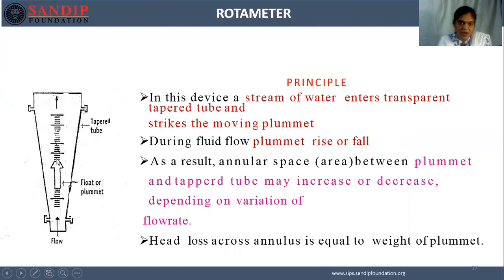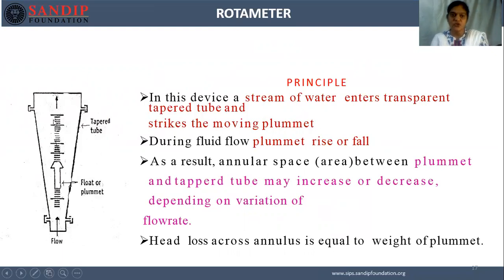As the plummet rises and falls, the annular space, or the area between the plummet and the tapered tube, increases or decreases depending on the variation of flow rate, and the head loss across the annulus is equal to the weight of the plummet.